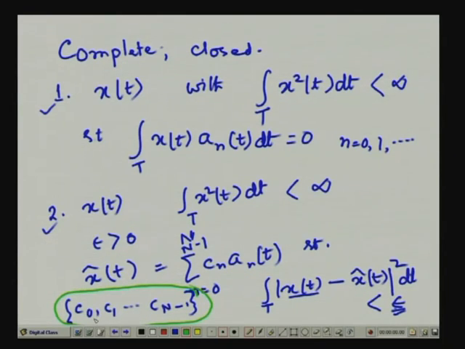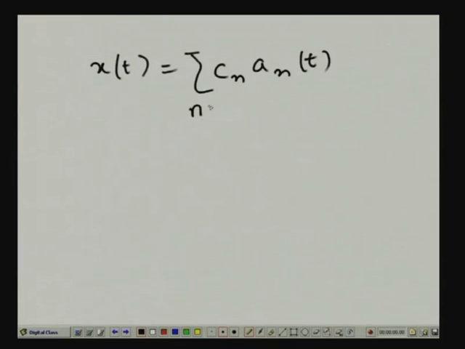So, from this discussion, what we have seen is that an arbitrary continuous signal x(t) can be represented by the series summation of a set of orthogonal basis functions, and this series expansion is given as x(t) equal to summation of C_n a_n(t), where n varies from 0 to infinity if I go for infinite expansion, or this can also be represented, as we have seen, by finite series expansion.